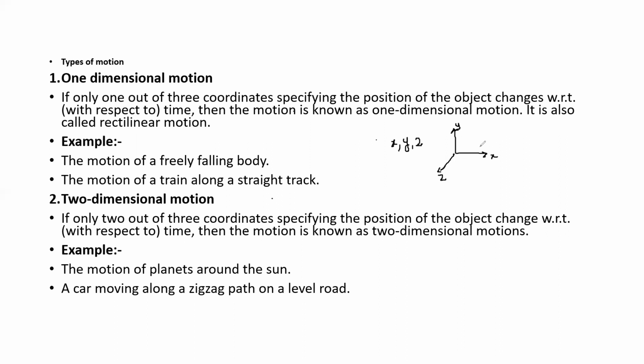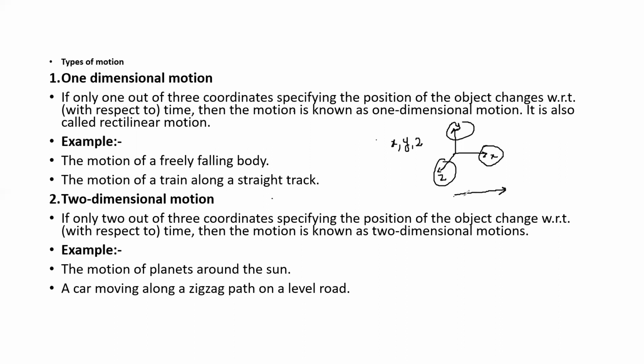Suppose you are specifying the motion of a body, here we take into account only one coordinate. It may be x, or y, or z. For example, the body is traveling in a straight line path, or a train moving along a straight track.